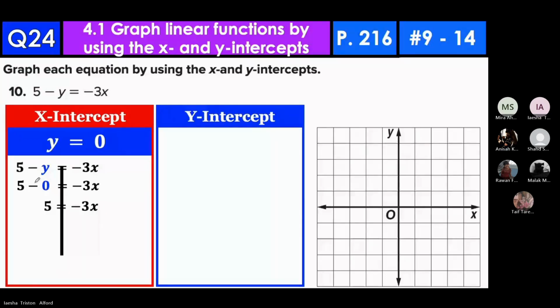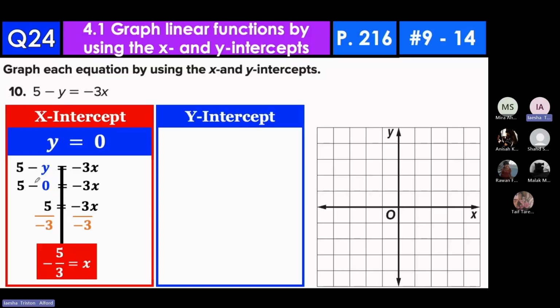Divide by negative 3 on both sides. Yes, negative 3, both sides. So you get x is equal to negative 5 over 3. Miss, can we write it with a decimal also? You can write it as a decimal also.